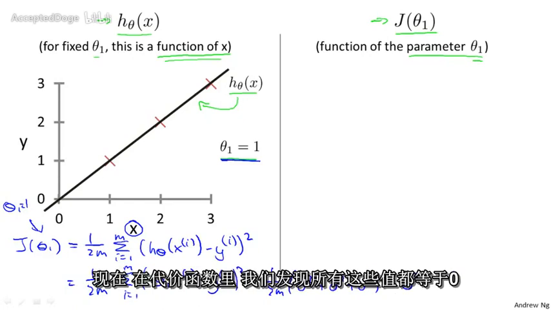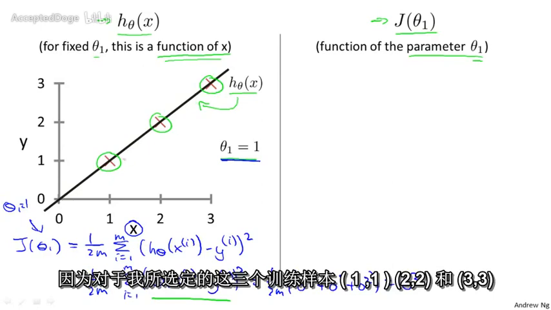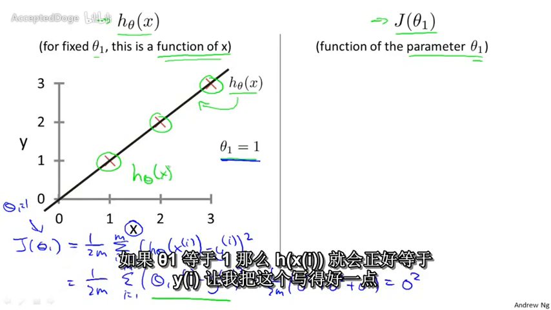Now, inside the cost function, each of these terms is equal to 0 because, for the specific training set I have, where my 3 training examples are at 1, 1, 2, 2, 3, 3, if theta 1 is equal to 1, then h of xi is equal to yi exactly.